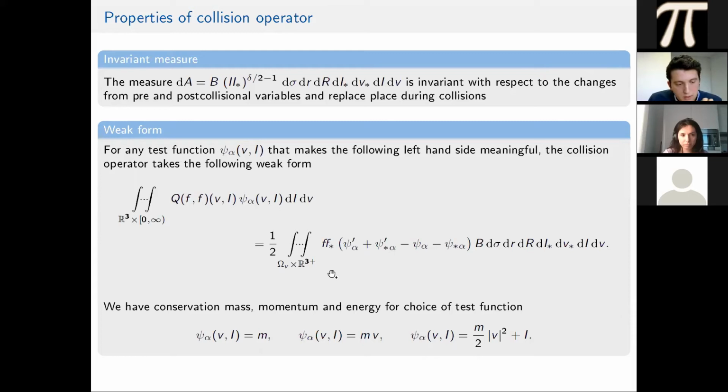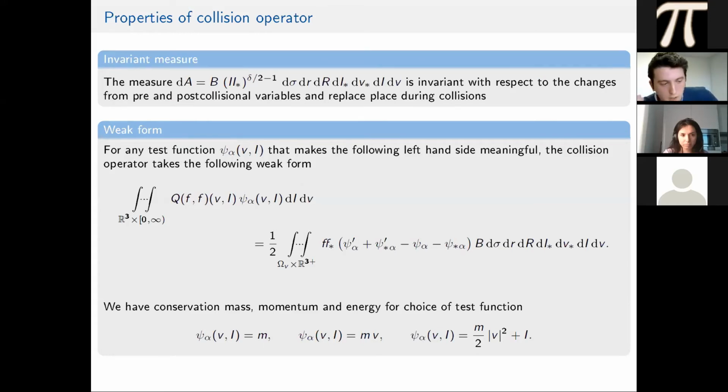You can notice that for a specific choice of test function, this difference becomes 0. And this test function comes from the collisional laws. You know that momentum will be conserved, and also energy will be conserved. These functions are very special because just by multiplying and integrating the right-hand side, it becomes 0. So this is a very nice situation.